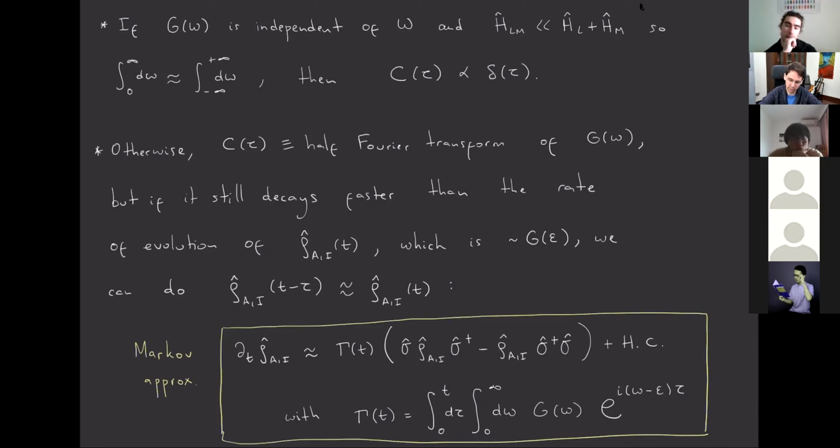So I hope this is clear. And then you see that applying this Markov approximation, we have found an equation that looks very similar to the master equation that we had within the previous approximations. However, now we have some rates that are time dependent. They are not time independent. And moreover, in principle, they can even be complex.